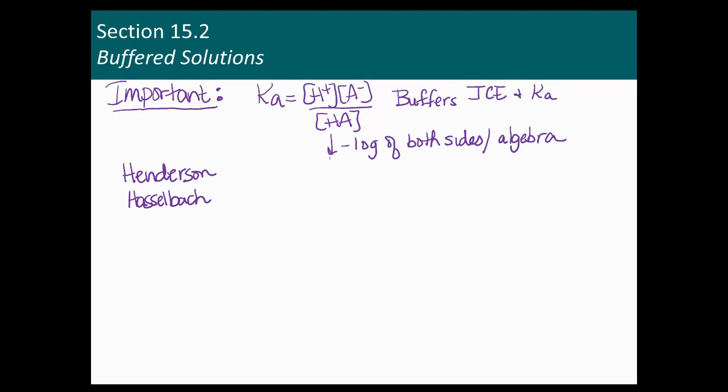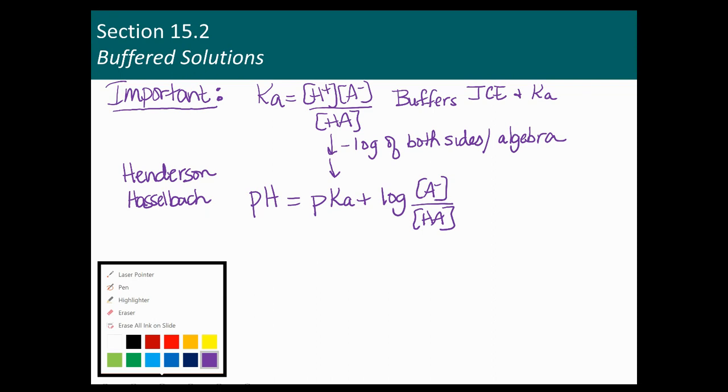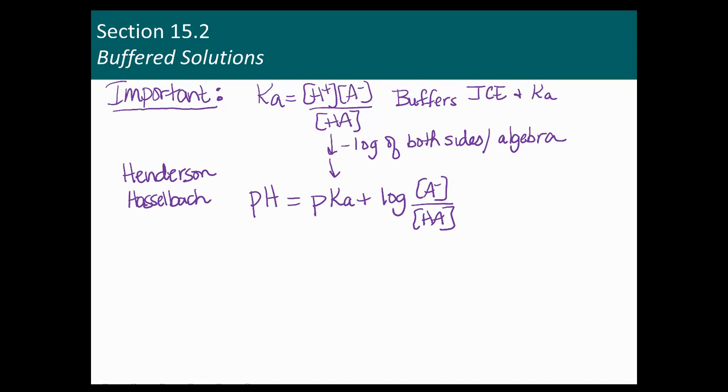And from that algebra comes the following form: pH equals pKa plus the log of A minus over HA. Now, what do I like about this one so much? It's so much easier to work buffer problems. Let me show you why.